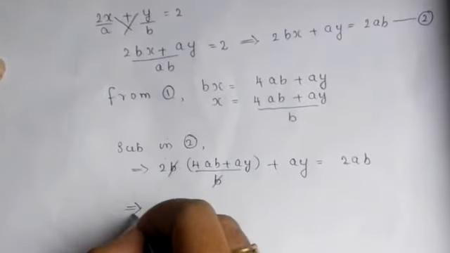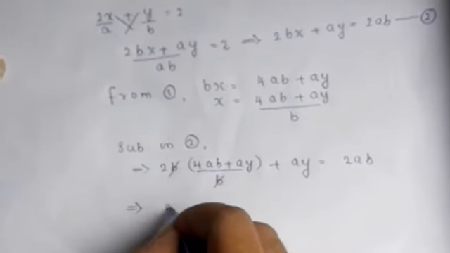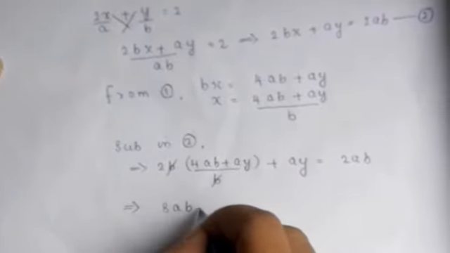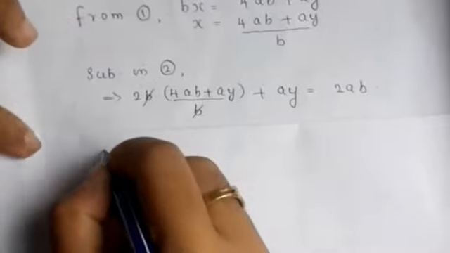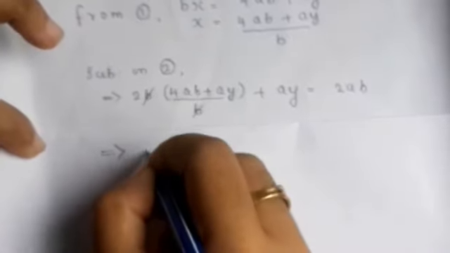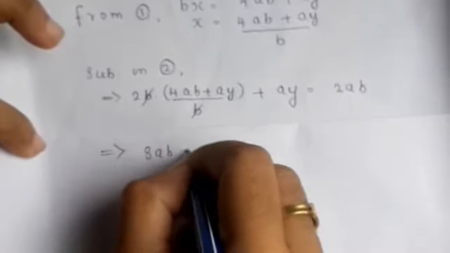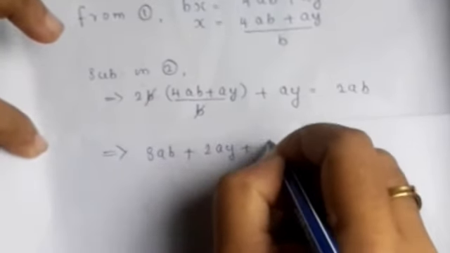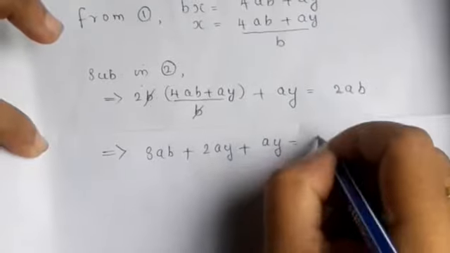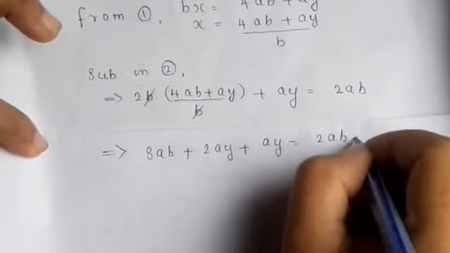So you will get 2 into 4ab, that is 8ab, plus 2 into ay, 2ay, plus ay is equal to 2ab.